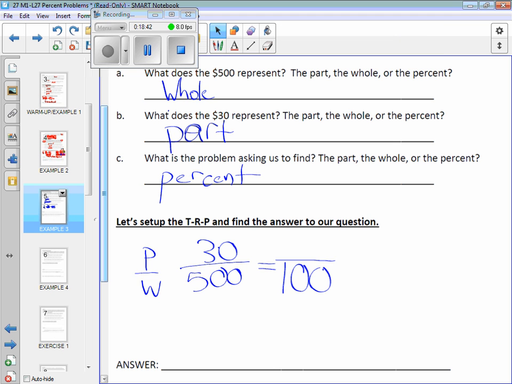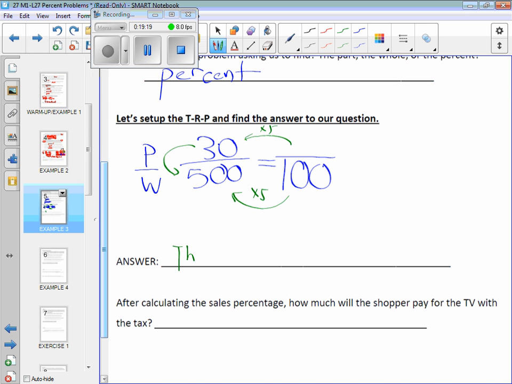All good, everybody? All right, where can we make a love connection? Times what? Great. Yeah, Jack. Yeah, you could connect this way too. It'll work for either way. All right, so then what's our missing percent? Charlie. 6. Yep, the tax rate is 6%.